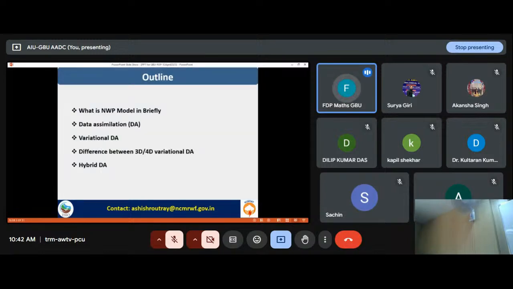So I cover the NWP model briefly because yesterday Dr. Abhijit Sarkar gave detail about the NWP model. Then data assimilation: why are we going for data assimilation, when NWP can solve this problem? Why jump into another problem? And nowadays variational data assimilation is very important.